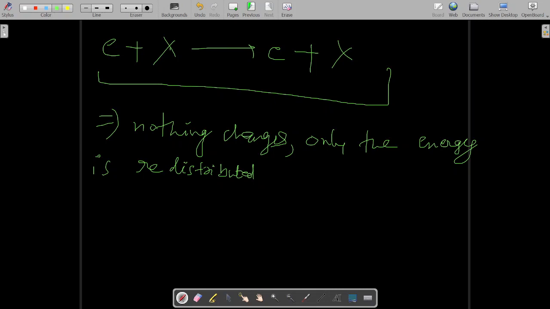Now we will learn about the Hofstadter experimental arrangement.